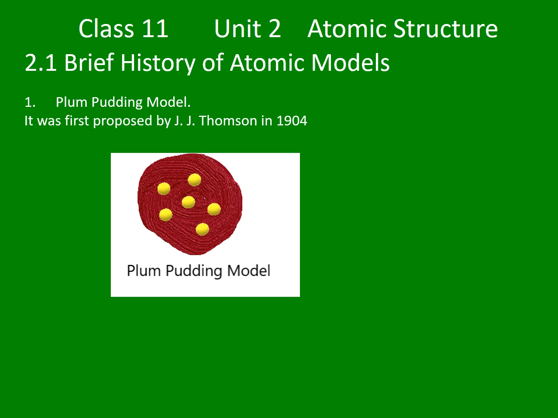So the electrons are randomly distributed in a positive sphere. This is similar to the plum pudding. These are electrons, and this is the positive matter or the positive sphere.